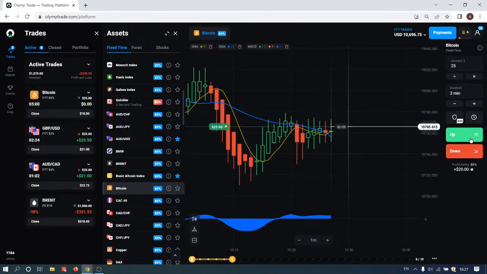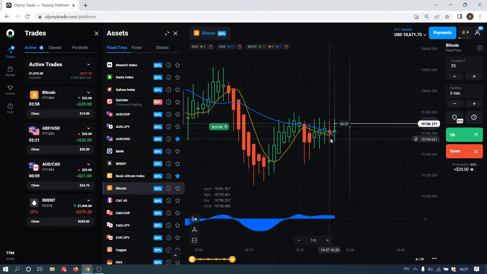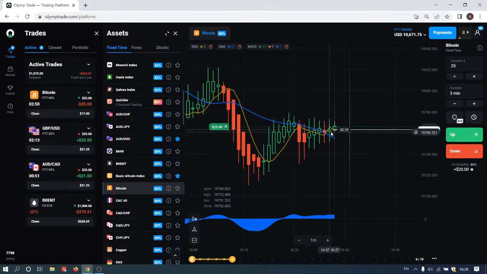All right, guys, let's open a trade on Bitcoin in the upwards direction, because we have these green candlesticks. Most of them are green, so green is the predominant color here. And the MACD is also above the zero line, which gives us more certainty and another layer of confirmation for a trade in the upwards direction.